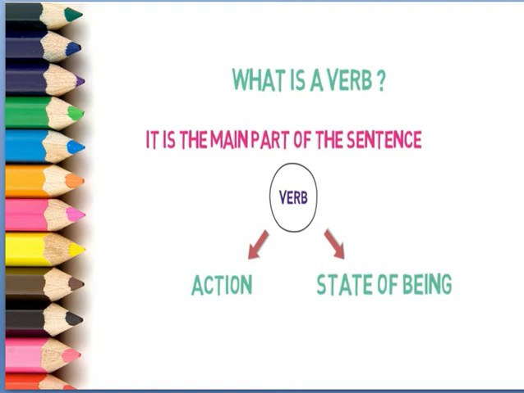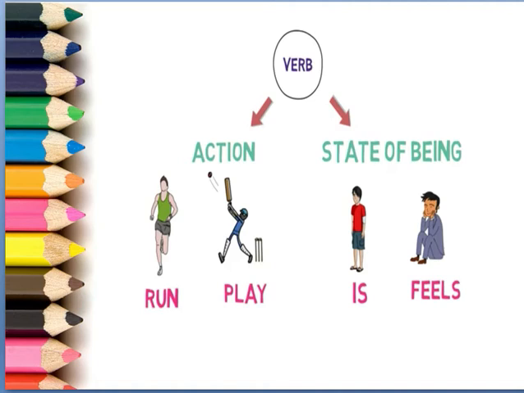It is the main part of the sentence, and a verb is used for 2 functions: to show action and to describe the state of being, how a person is or what condition they are in.